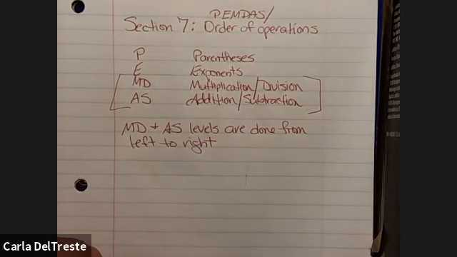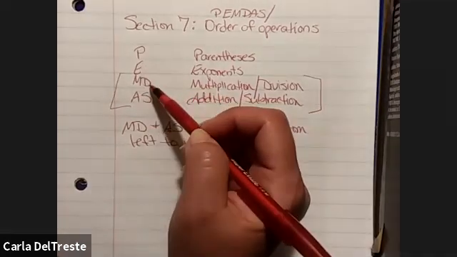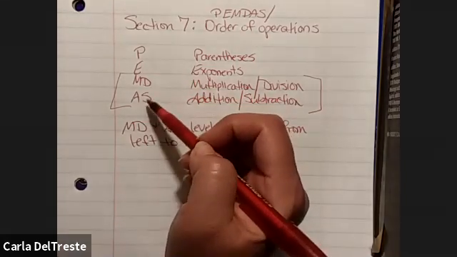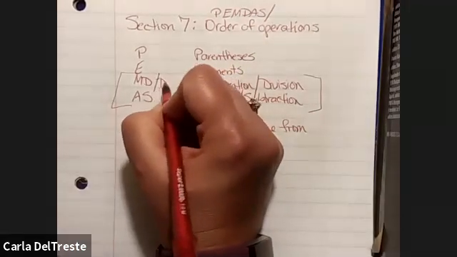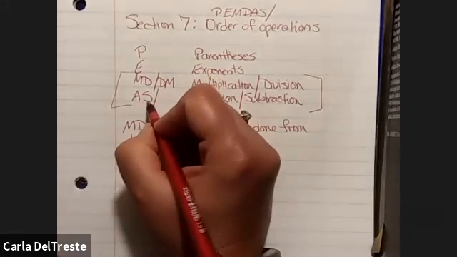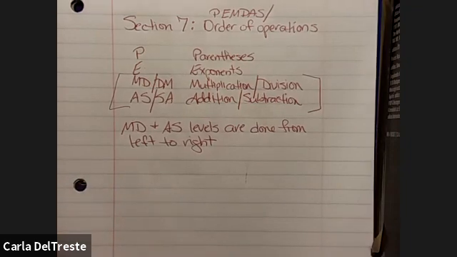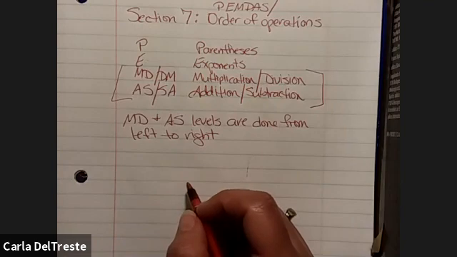If there's subtraction before addition, you would do the subtraction first. Okay, so I like this a little better because it just talks about the hierarchy of it, and it doesn't make you necessarily go in a particular order. Okay, if you want, you can even reverse them, MD or DM depending, and then AS or SA depending. Okay, they're just going to be done from left to right in the order they appear in the problem.